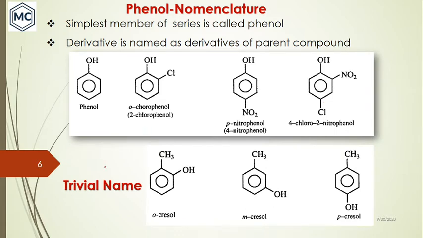There are some trivial names. When a phenol contains a CH3 group at the ortho, meta or para position, it is called cresol: if CH3 is at ortho, it is orthocresol, then metacresol, and if it is para, paracresol.